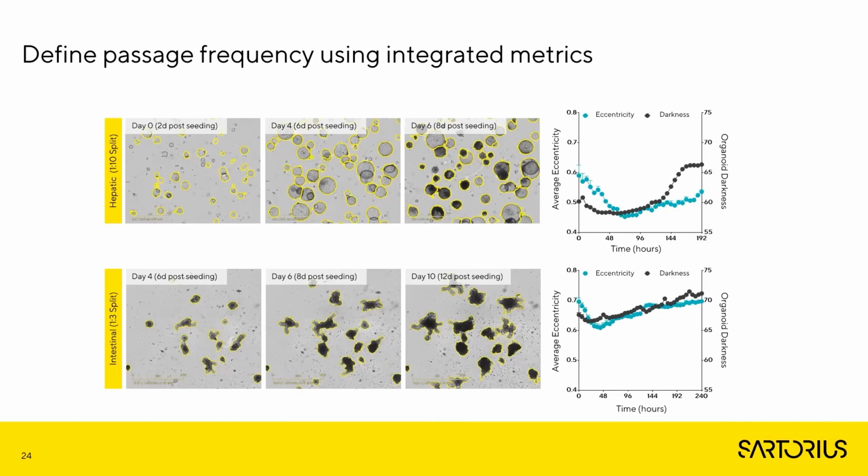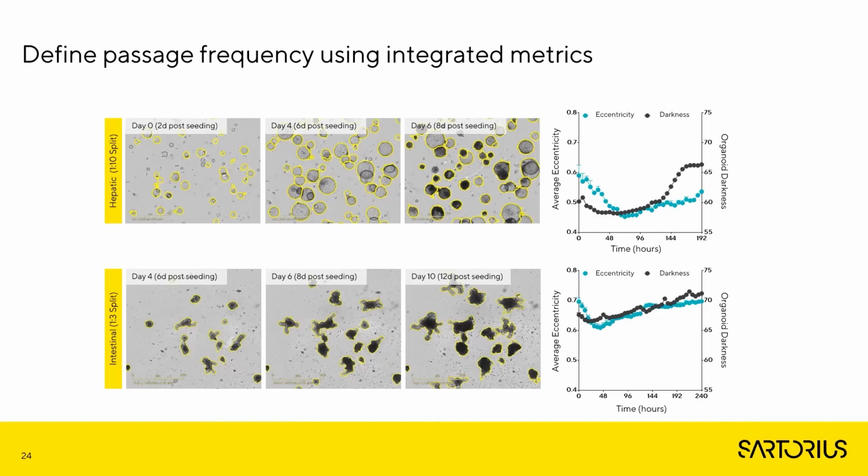So eccentricity tracks the degree of roundness of the organoids over time, and changes in brightness is tracked by the darkness metric. So hepatic organoids on the top panel there are not ready for passaging when they are less than 100 microns in diameter and display clear lumens.